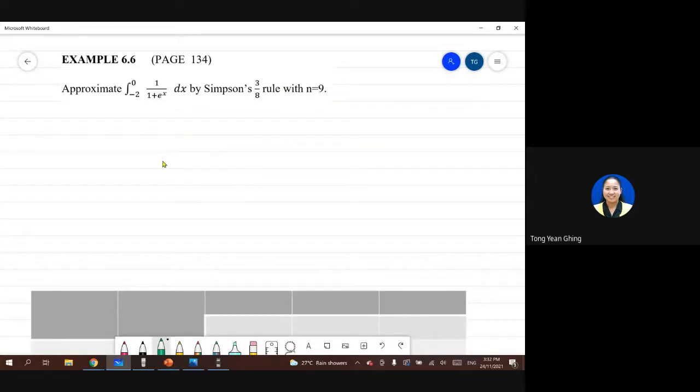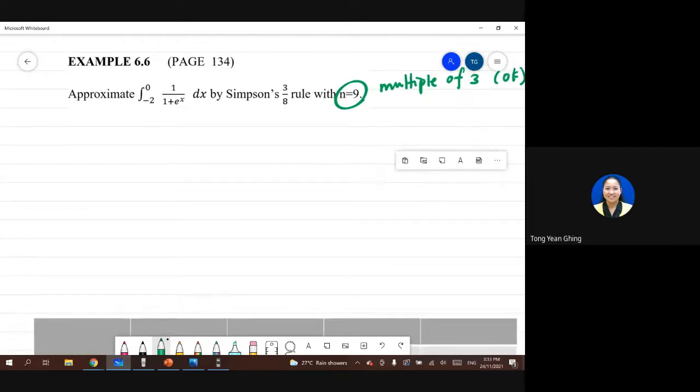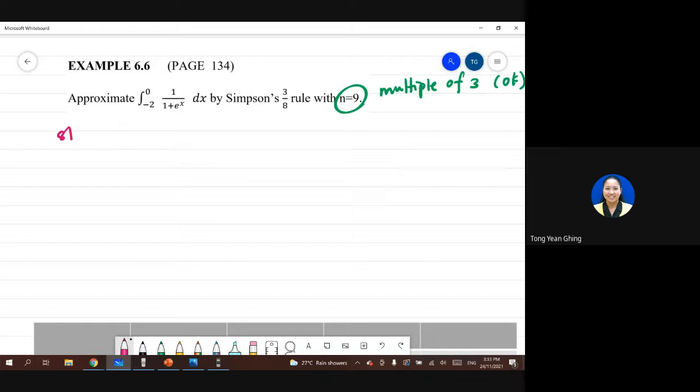Now, approximate this function by Simpson 3/8 rule with n equal to 9. Okay, so n equal to 9, this is multiple of 3. Multiplication of 3. So, okay, then we can use this Simpson 3/8 rule. Okay, 9, so can. Okay, so step 1.